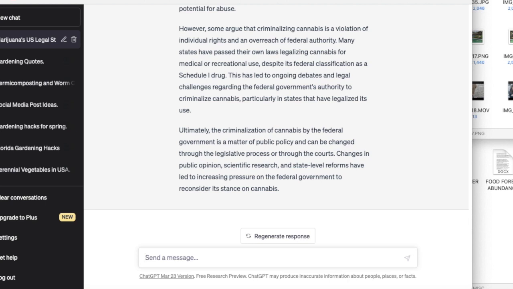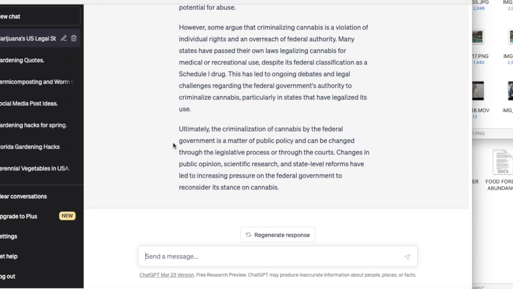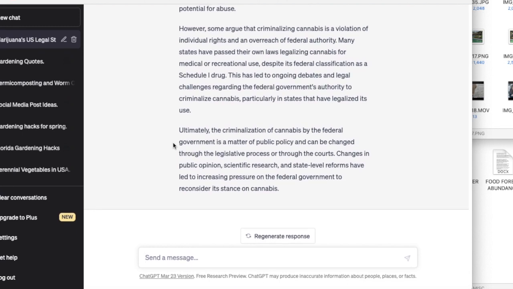Ultimately, the criminalization of cannabis by the federal government is a matter of public policy and can be changed through the legislative process or through the courts. Changes in public opinion, scientific research, and state-level reforms have led to increasing pressure on the federal government to reconsider its stance on cannabis. Well, we're still waiting.